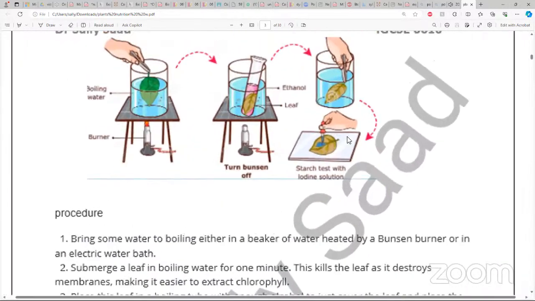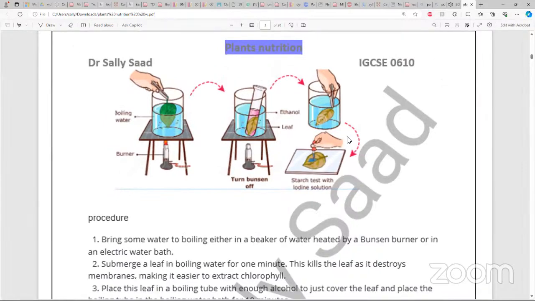First of all, you have to know that once the plant makes photosynthesis, some of the glucose will be stored in the chloroplasts as starch. So if I test for the presence of starch and it is found in the chloroplasts of the leaf, it means there was photosynthesis.